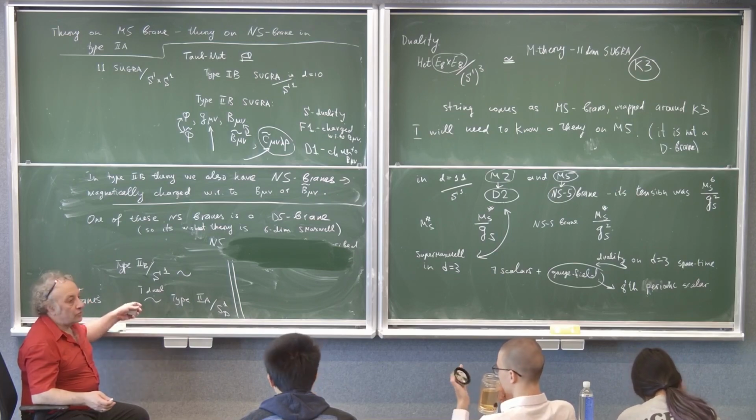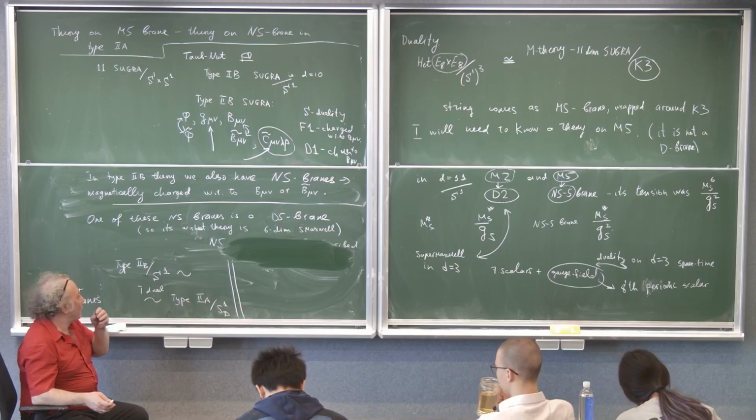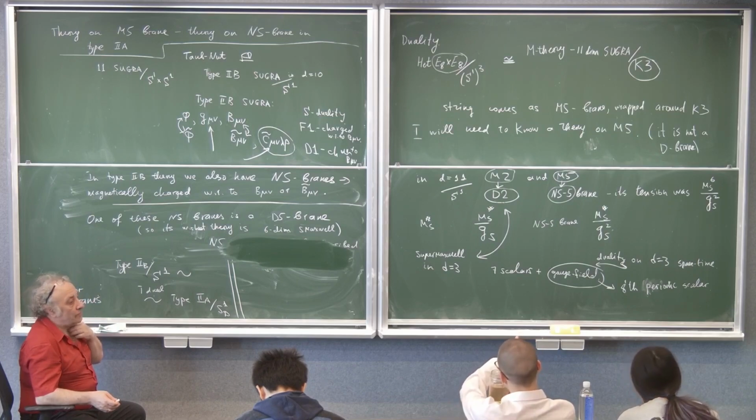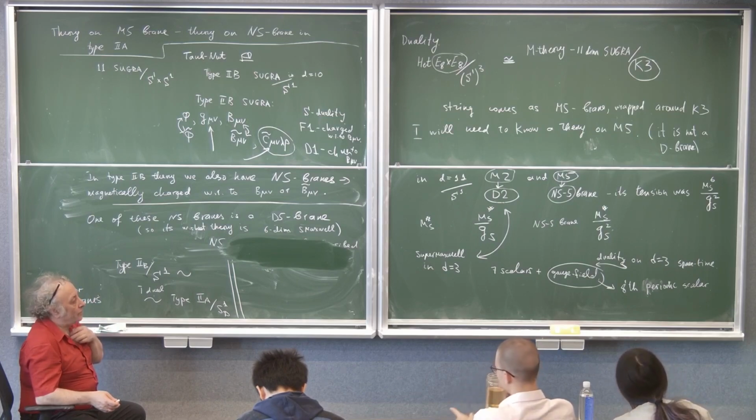In the compactified theory, that NS5 lives in the non-compactified field, right?